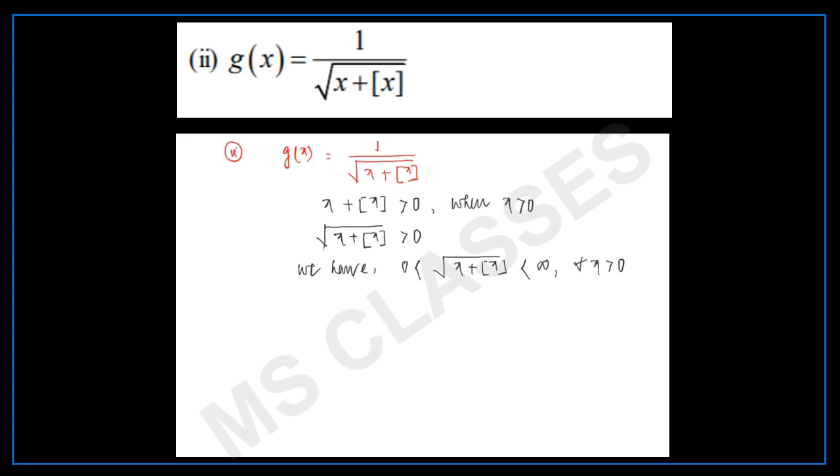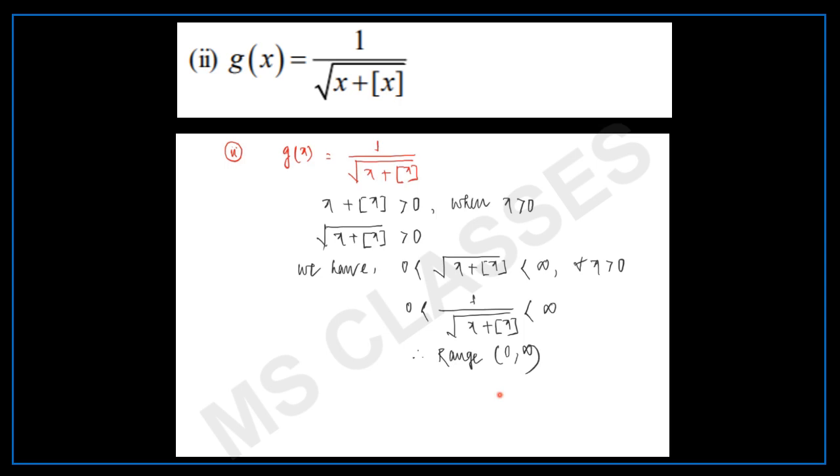Now if you take 1 by under root of x plus box x, it is less than infinity and greater than 0. Therefore the range is 0 comma infinity.